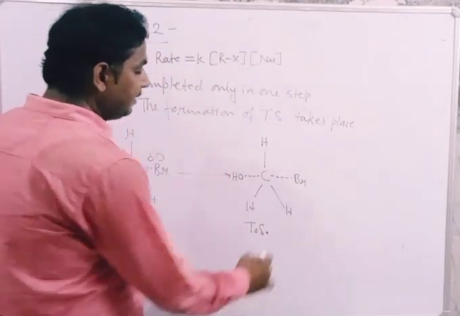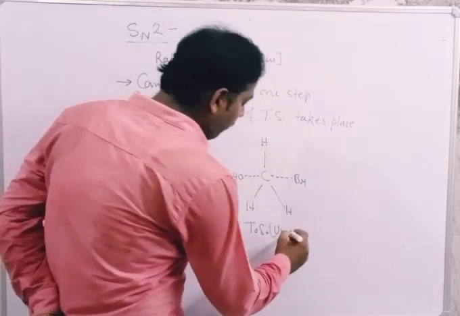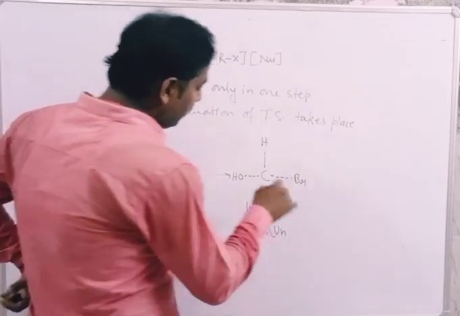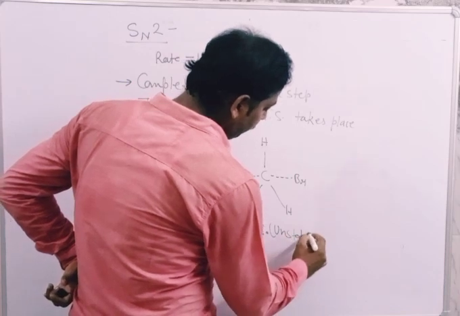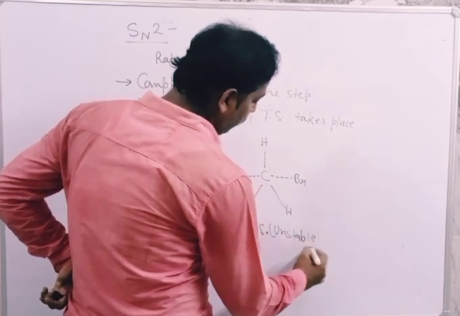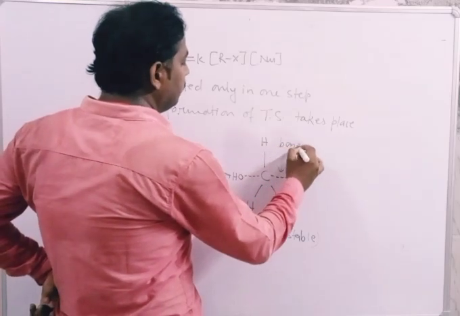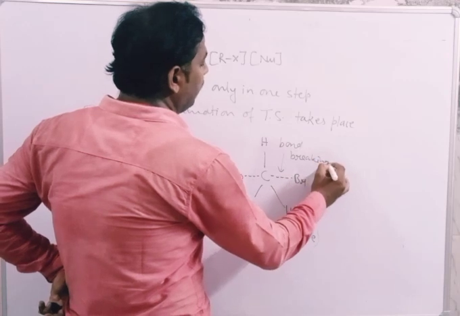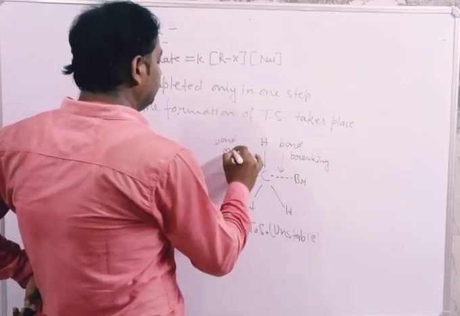This is an unstable state which cannot be isolated from the chemical reaction. Unstable. So this is the bond breaking, and this is the bond making.